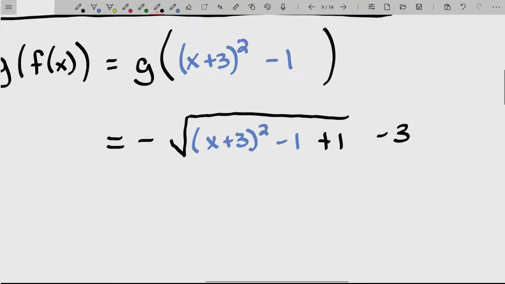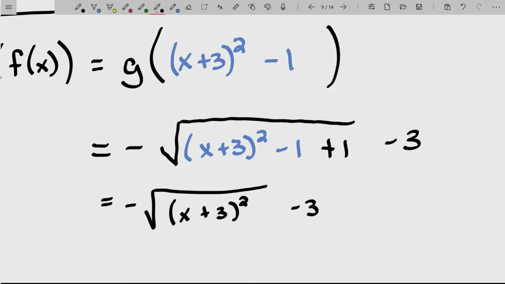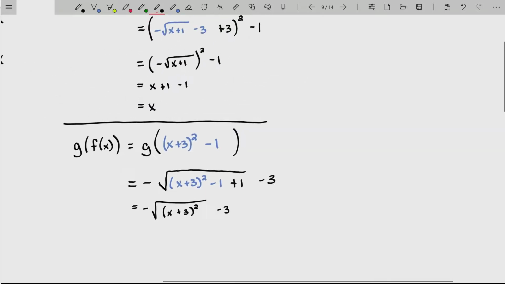That's g. Well, zooming into that, let's do a little cleanup. Arithmetic, right? So this is going to equal negative square root of the quantity x plus 3, quantity squared, and then minus 3. And here is where a very critical thing happens.